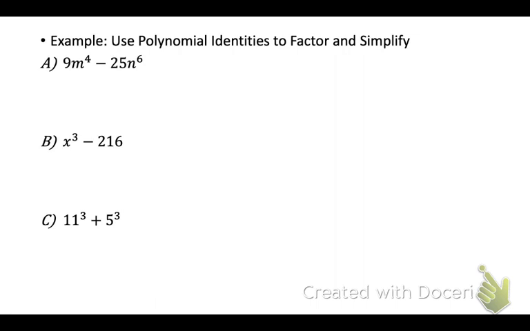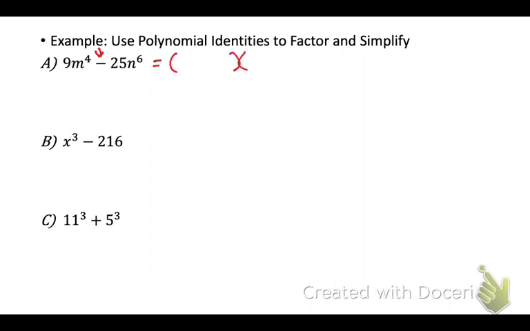Okay. Use the polynomial to factor. We multiplied, now we're going to factor. So what do you notice about the first one? 9m to the 4th minus 25n to the 6th. They're both perfect squares, and we have a difference, right? So we have the conjugate pairs that it's going to factor into.